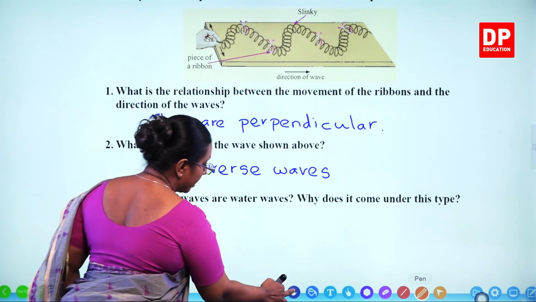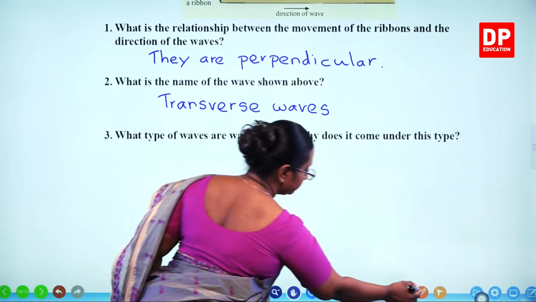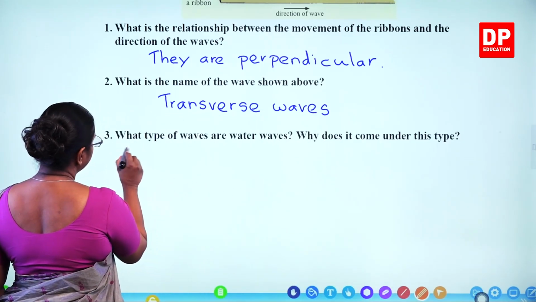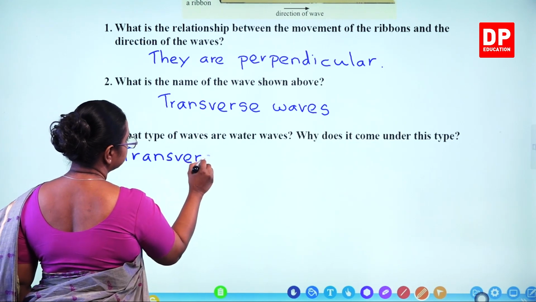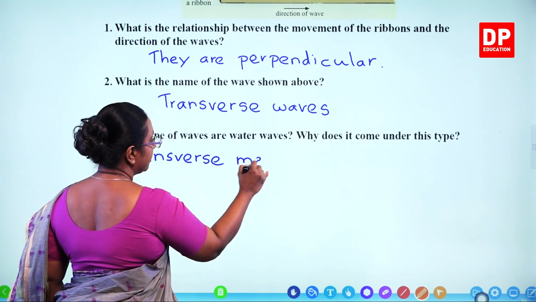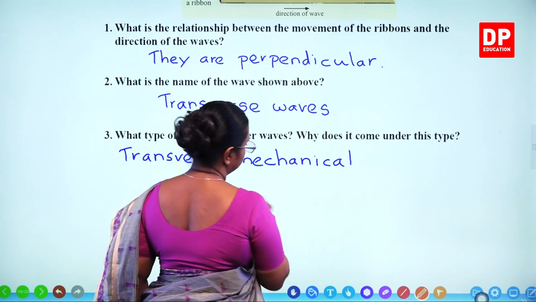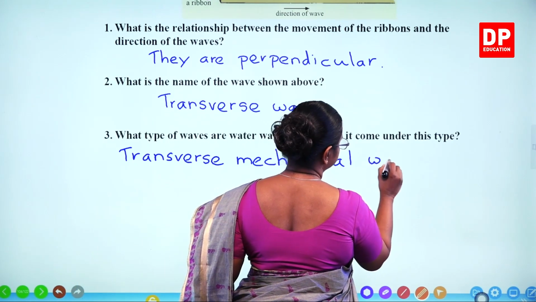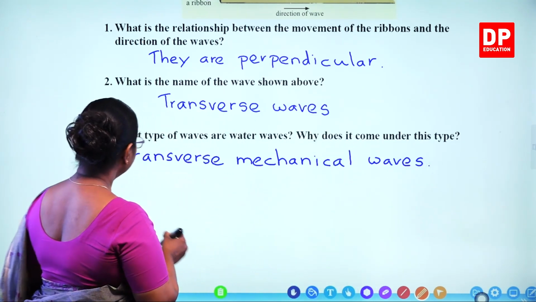So for this I can write the answer as they are transverse mechanical waves. I'll include both the terms here. And why?